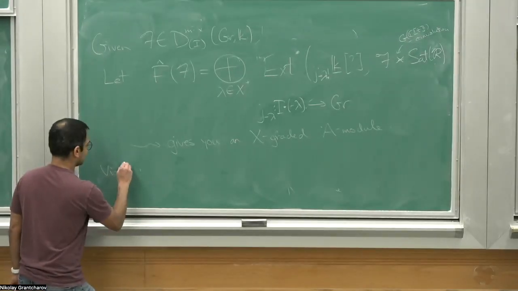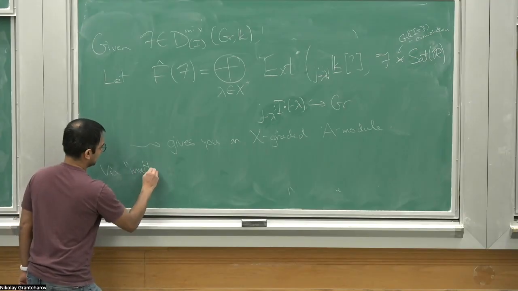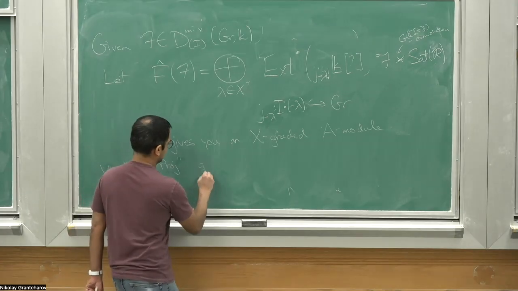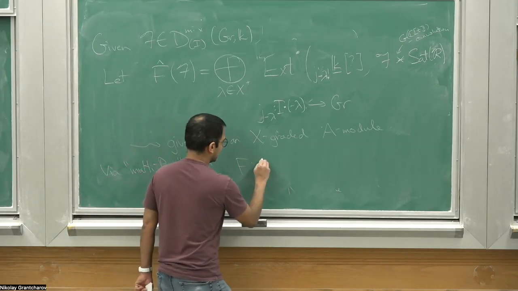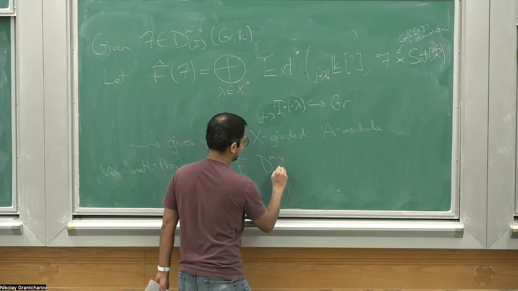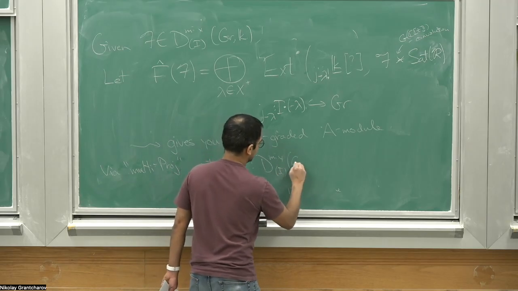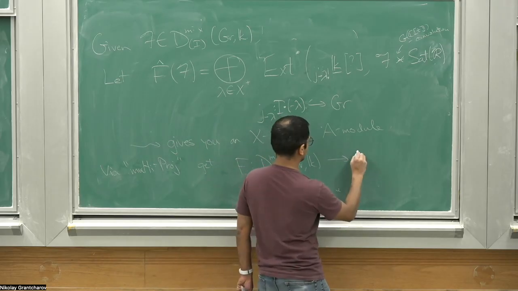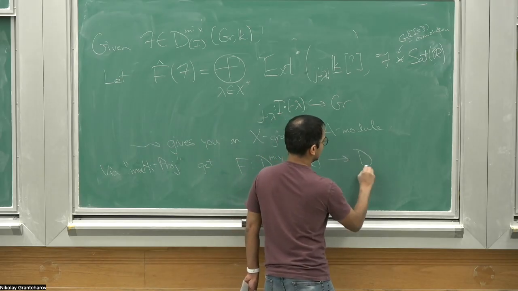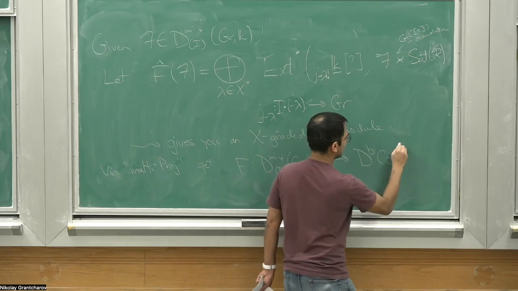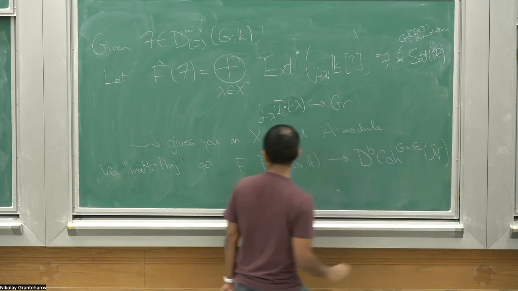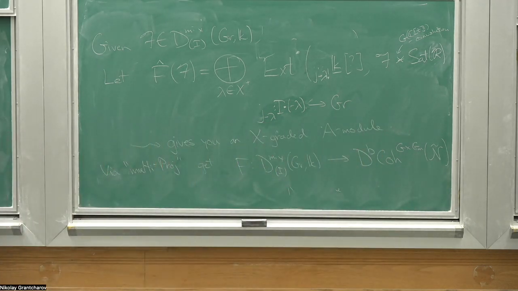So via multi-proj, you get a functor from D mix I over K to D^b Coh^{G_m} O. Okay, so that's the top arrow.